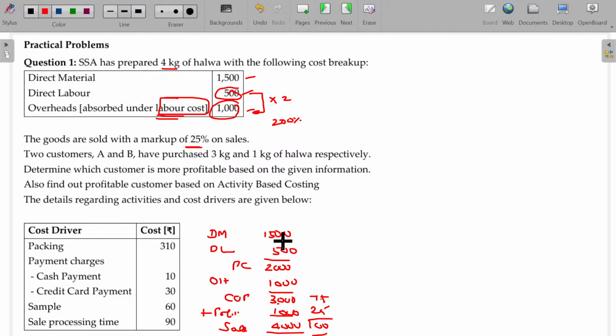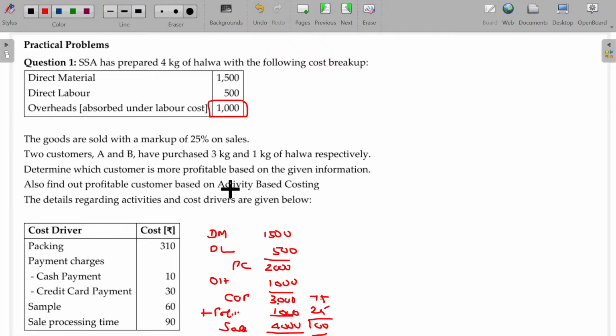But under activity based costing, now this 1,000 rupees we spend, whatever the amount you spend, is only due to some activity, right? You're not going to connect it to the product. It's not going to be linked to the product halwa. It's going to be linked to some activity. What happens if you prepare halwa?